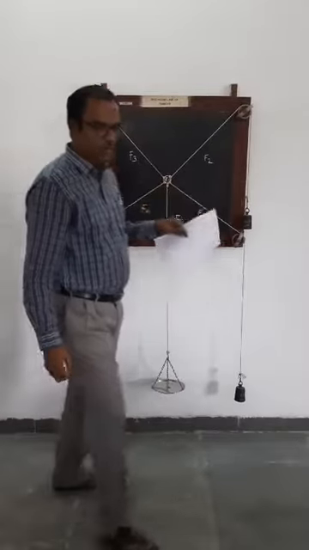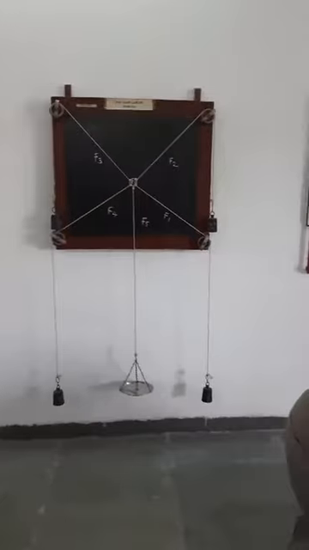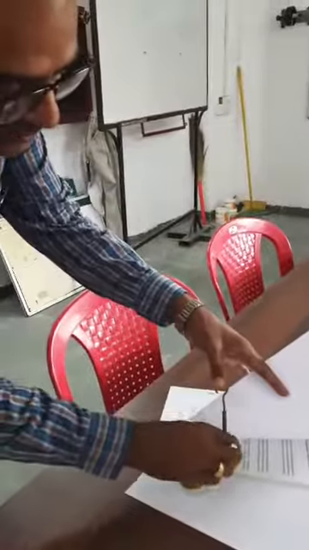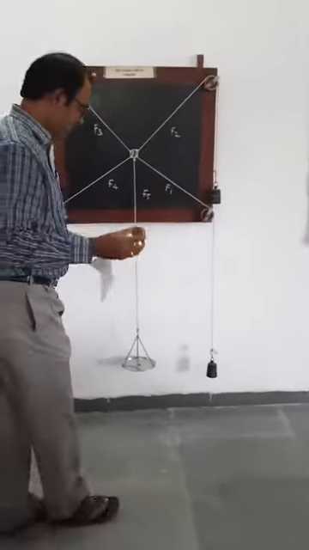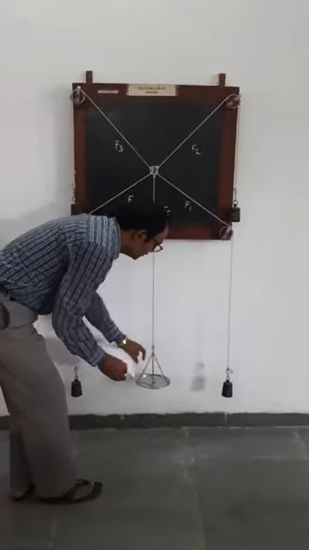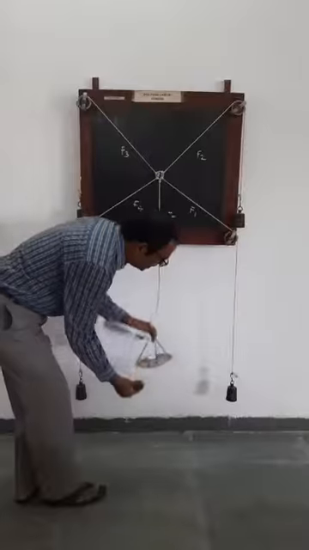Now I will add a few weights in the pan, that will be force F5. Here you can see I am adding this weight. First of all, you have to note down the empty weight of the pan.